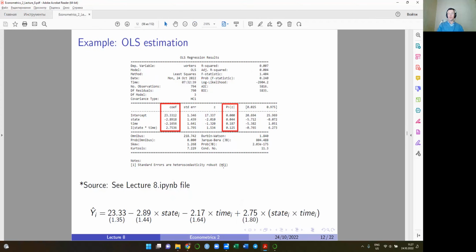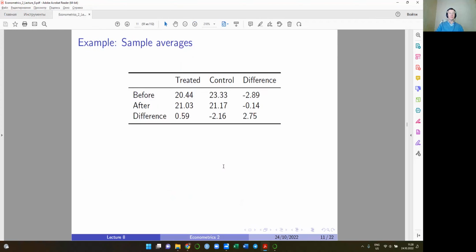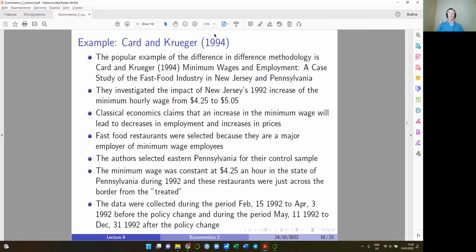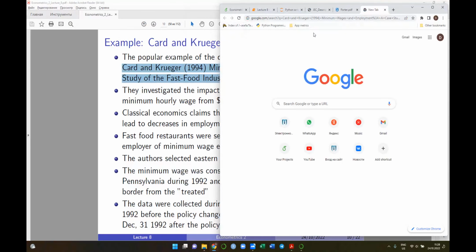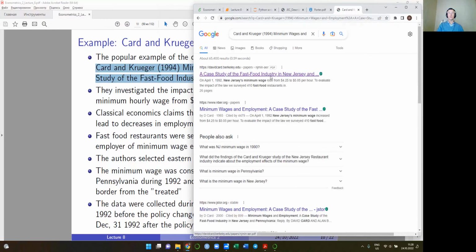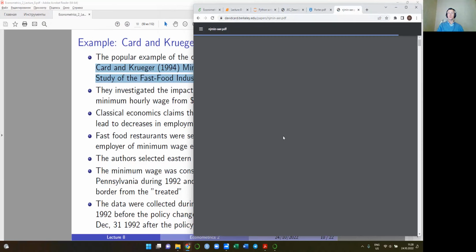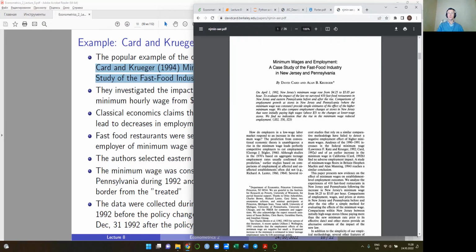So if you want, we can spend several minutes on observing the results of their study with the additional control variables.